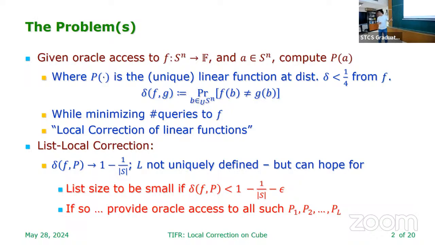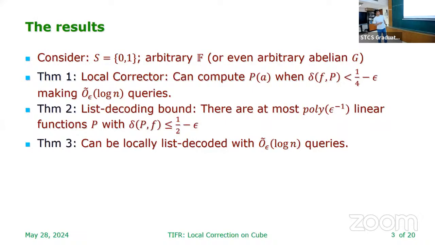Okay, any other questions? So quickly again, the results. We will get a local corrector that will compute anything if the error is less than 1/4 minus epsilon, and the number of queries we make is logarithmic in n.